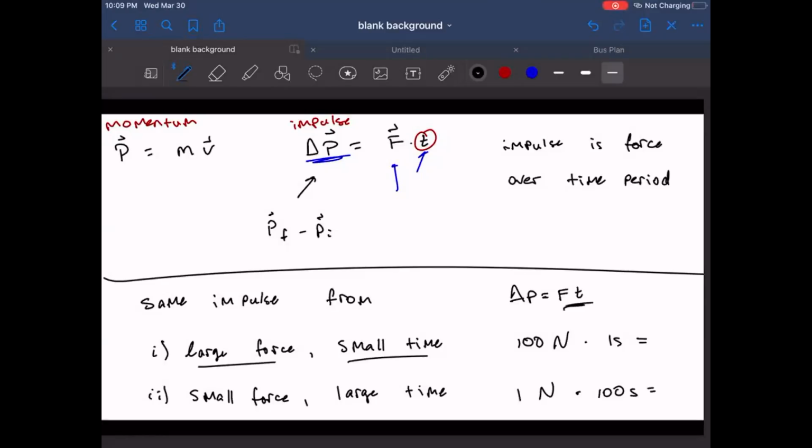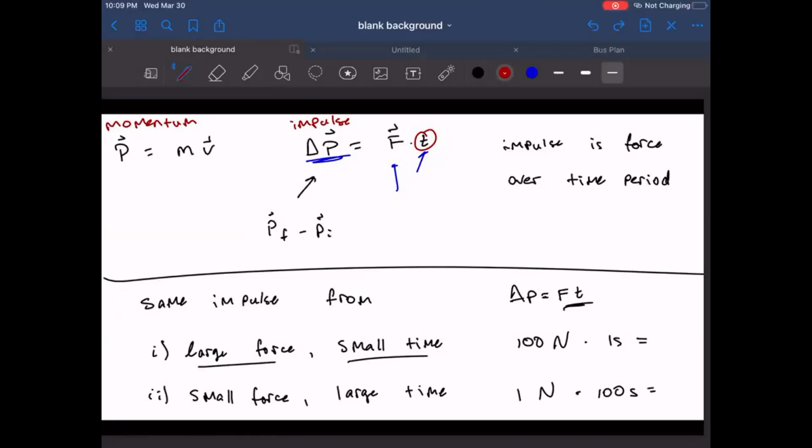Yeah. So that's what this means. And if you can understand this part here, then you understand impulse. And that's what that number 1 is. They're asking, can you get a smaller impulse from this larger force? Well, if you act over a very short period of time, if you just push something with your finger, but you do it for a day, well, you're going to have a huge impulse, even though it's a small force.